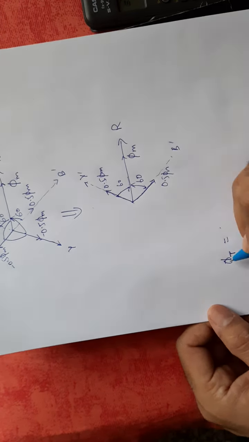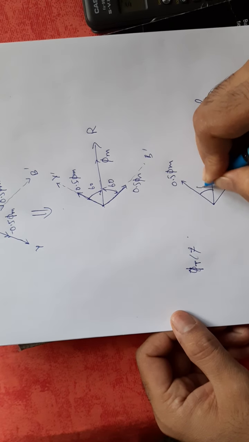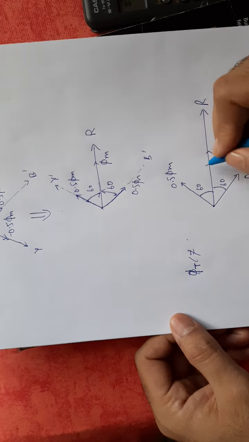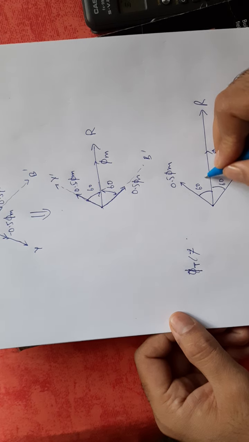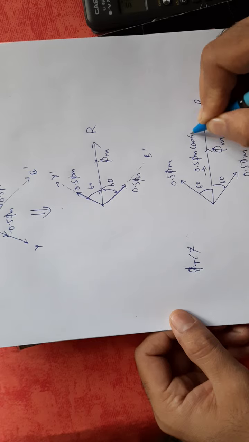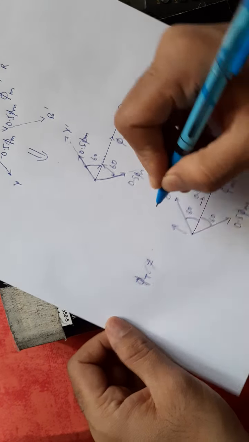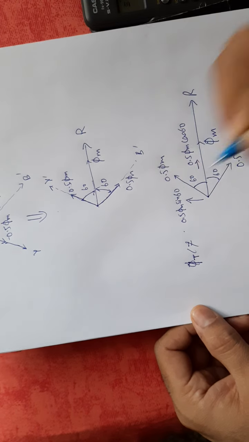So this is my R, this is my phi m. So this is my 0.5 phi m. Again I have another here, it is 0.5 phi m. This is 60 degree, this is 60. So I will get one component here, it will be 0.5 phi m cos 60, and another component will be here, it will be 0.5 phi m sin 60.